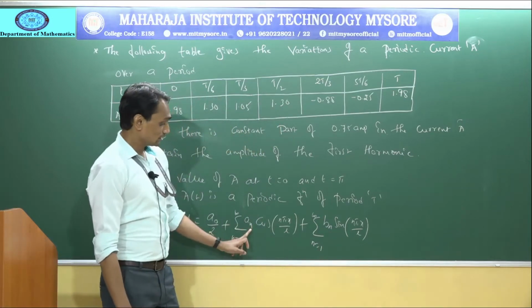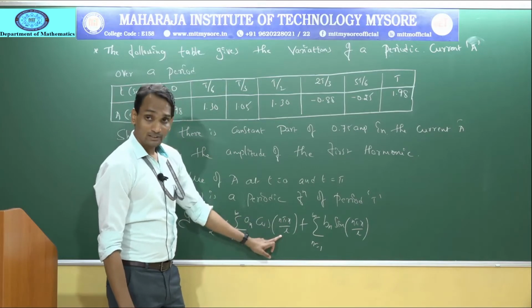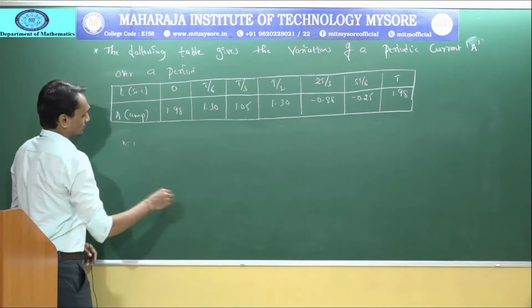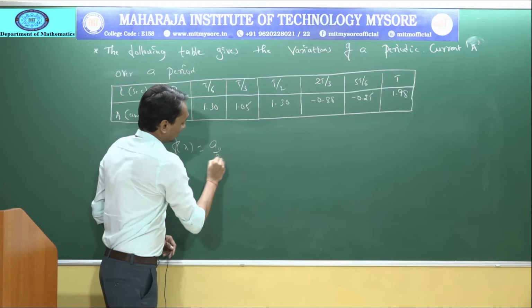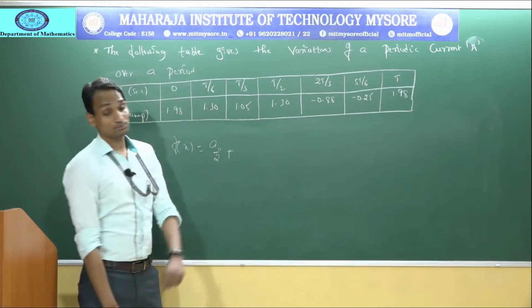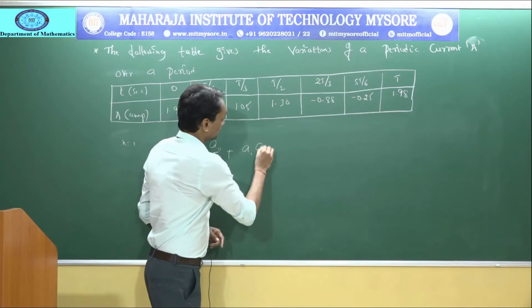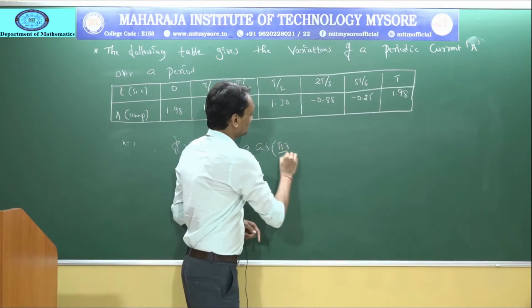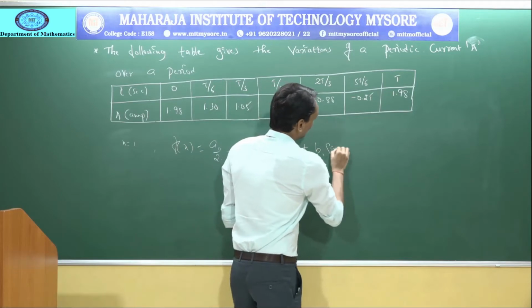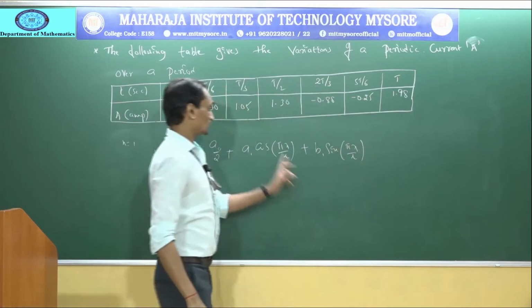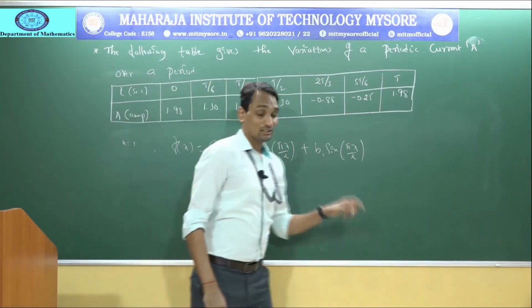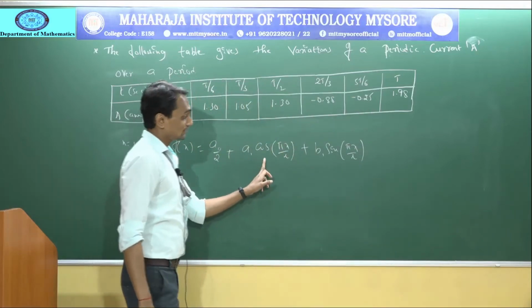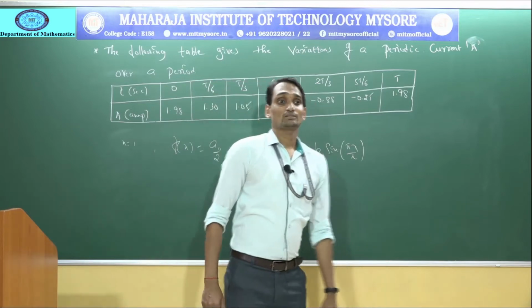So f of x equal to a0 by 2 plus a1 into cos pi x by L plus b1 into sin pi x by L, because I substituted n equal to 1 in both cases, an as well as bn.